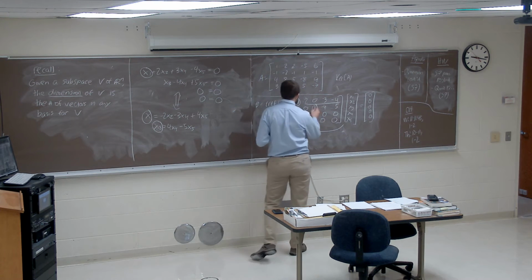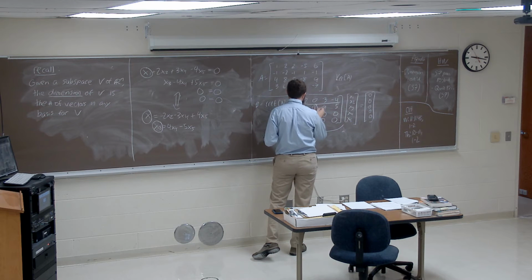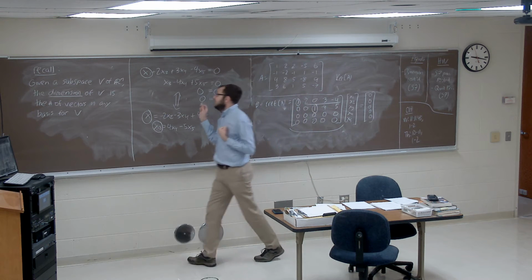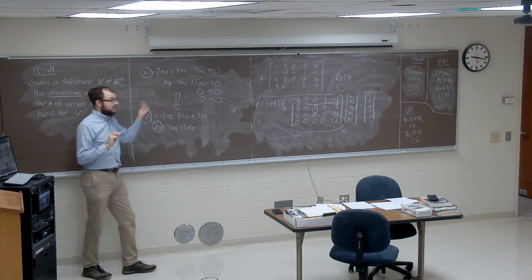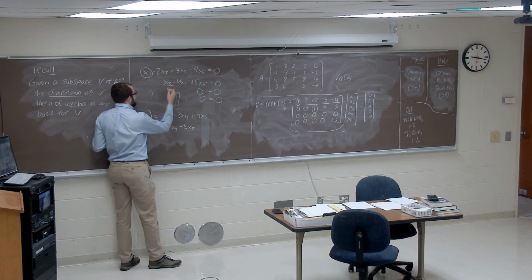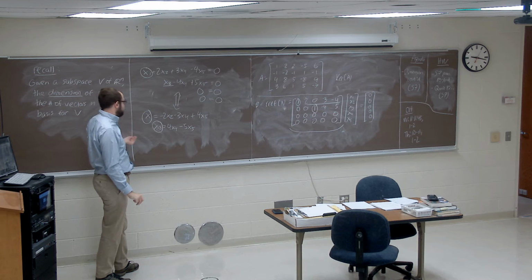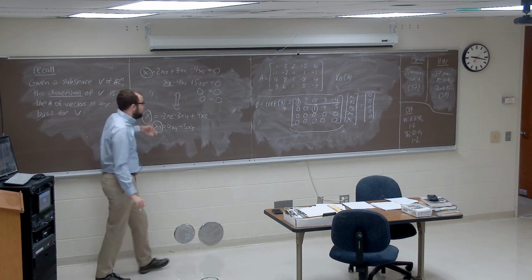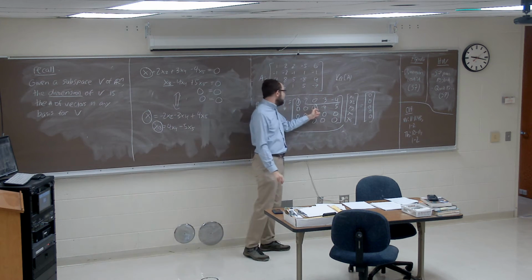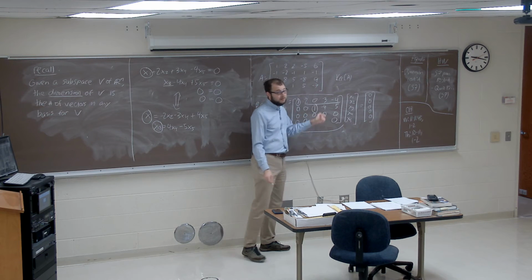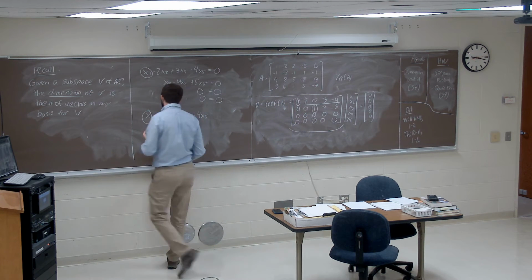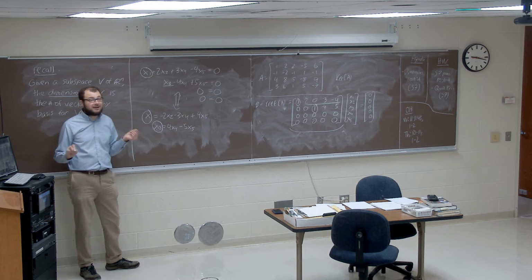Similarly, in our second row here, we had a leading 1 in our third column, which meant that when we wrote out our system of equations and got x3 minus 4x4 plus 5x5 equals 0, and we solved for x3, the fact that there's a leading 1 in the third column means that x3 is not going to be a free variable.